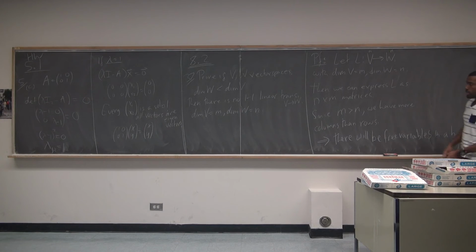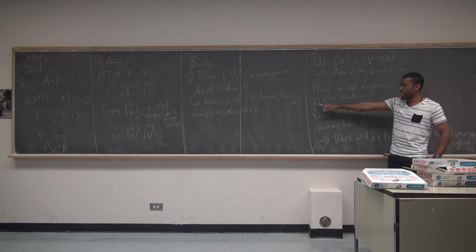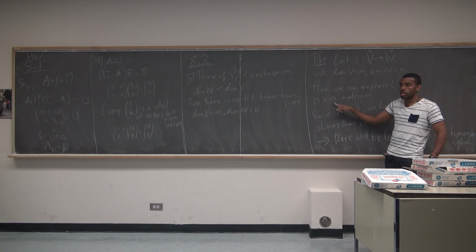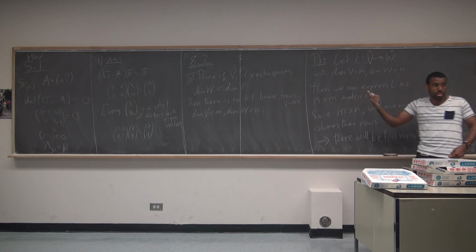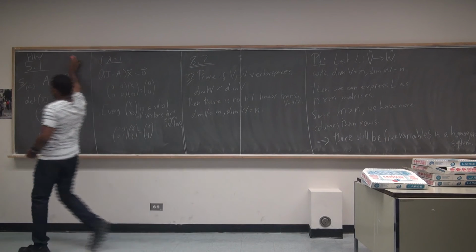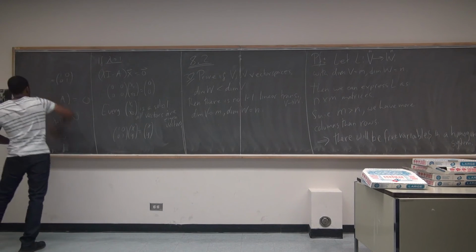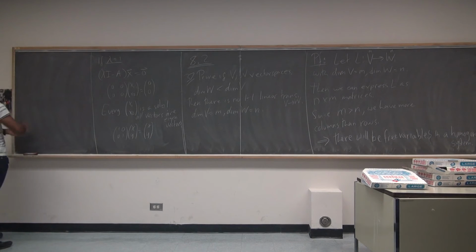Because if I try to find the reduced echelon form of this guy, at most I can have n pivots. It will be less than the number of columns. Not all columns will have pivots, which means I'll get a free variable if I set up a homogeneous system. Why is that bad? The null space is not 0. Kernel. Then the kernel has other things other than 0.